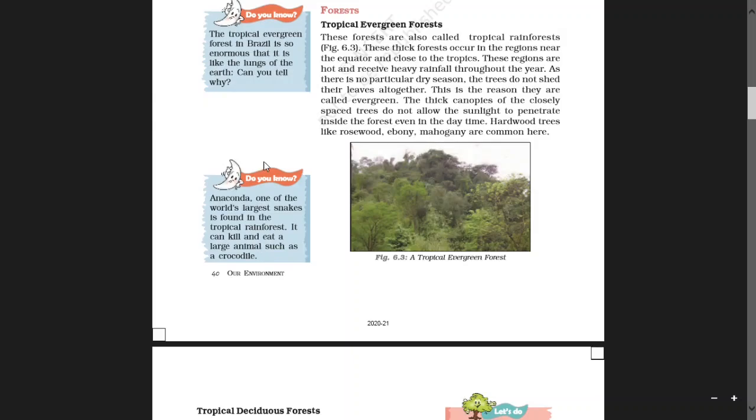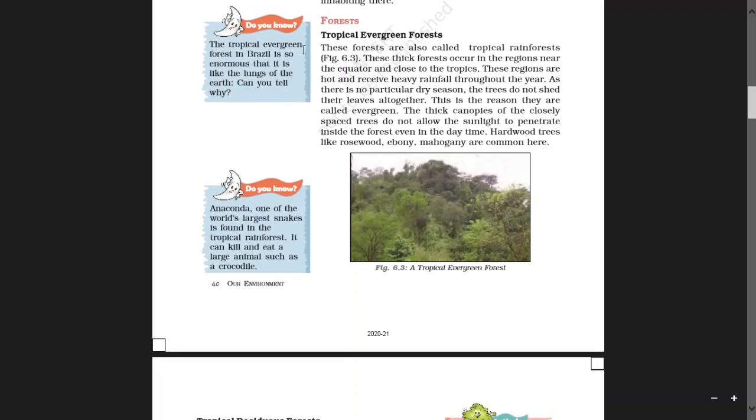So boys, let us discuss forests. Tropical evergreen forests. Evergreen means which remains green throughout the year. These forests are also called tropical rainforests.